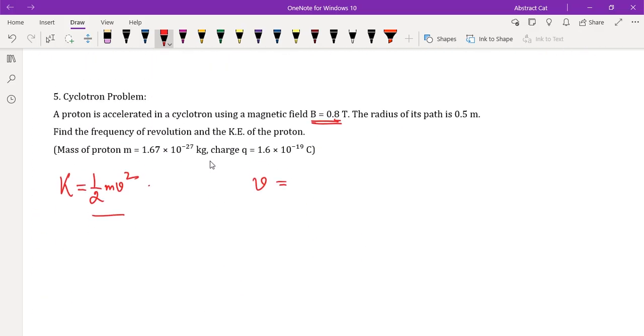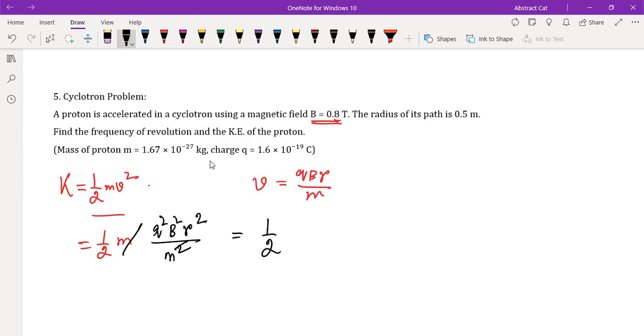So the final expression is half m, that is q square B square r square by m square. Now this cancels. Half, q is given here 1.6 into 10 to the power minus 19 coulomb. Magnetic field is 0.8 Tesla and the radius. Obviously these are squared.